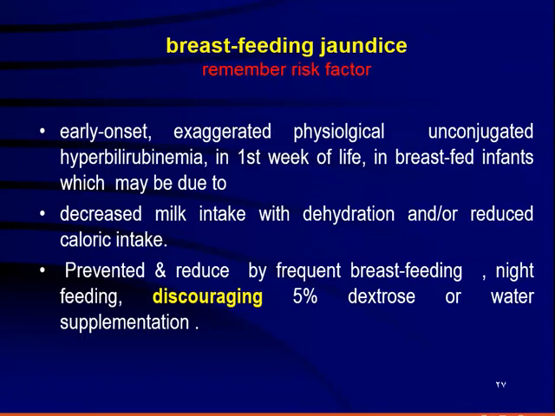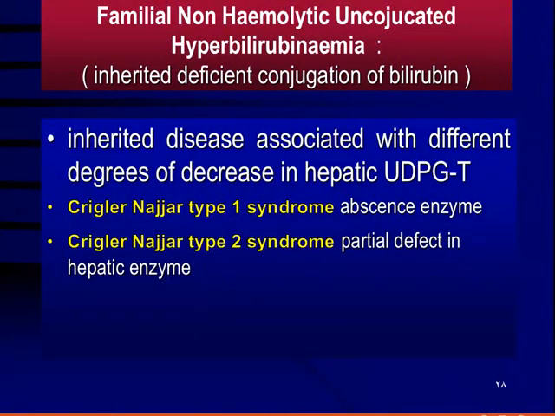There is frequent sleeping of the baby during the early days of life, so infrequent feeding. This can be prevented and reduced by frequent breastfeeding and night feeding. Discourage giving 5% dextrose or water supplementation. So it is one of the risk factors of jaundice due to decreased frequency of feeding.